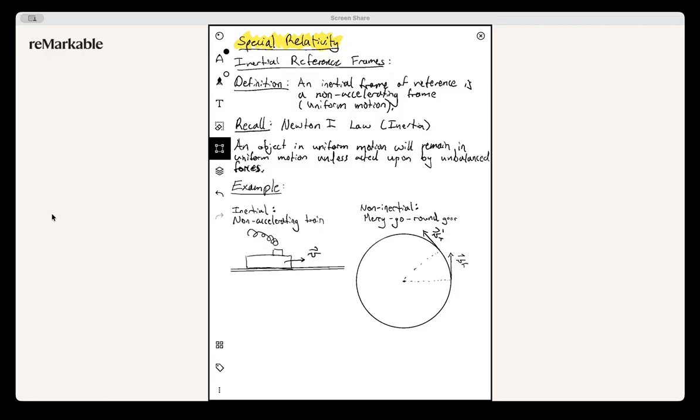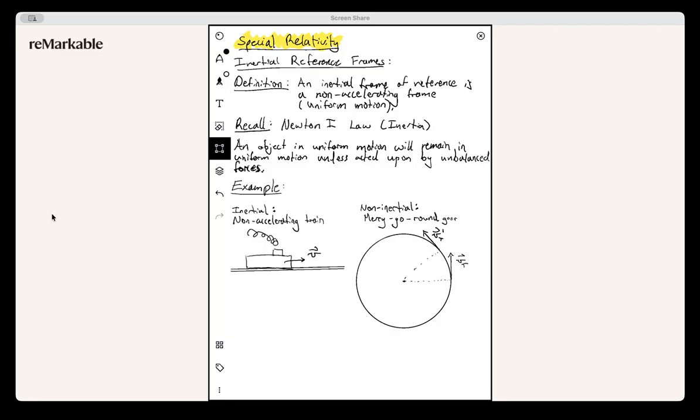And let's contrast this to a non-inertial reference frame. So if we consider a merry-go-rounder going around on a merry-go-round, we can see that their tangential velocity vt is constantly changing direction. It may be constant in magnitude, so they may have constant tangential speed, but the actual direction is changing, and that's caused by that centripetal force towards the center. And so since it's accelerating, it's not undergoing uniform motion.